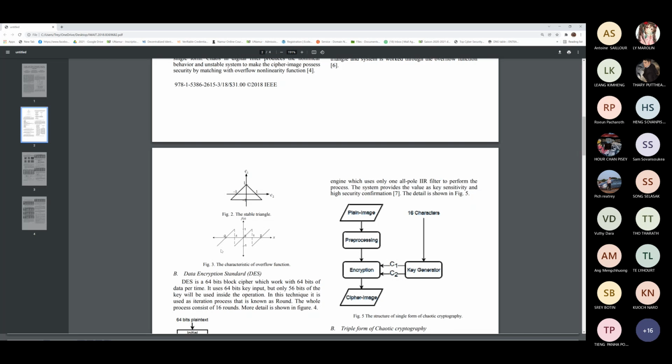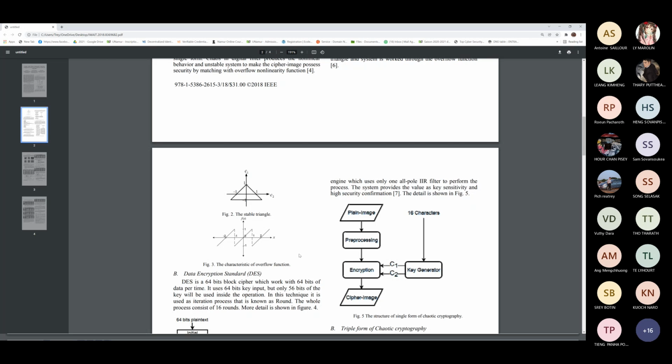Actually, my equation flow is just like this. As you see in the graph at the moment, this is a stable system. When I use the coefficients C1 and C2 outside the stable triangle, this is the condition. In our lesson, we call it control, to control the behavior of the system.